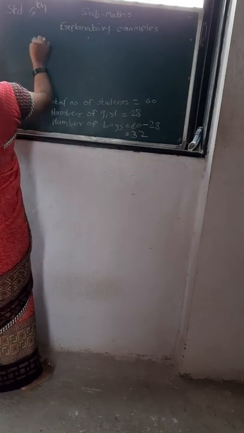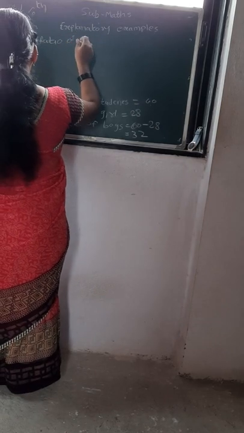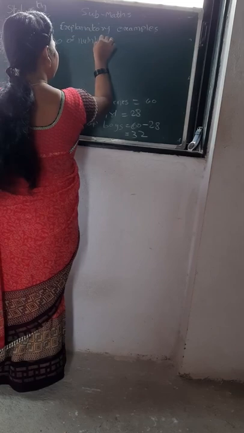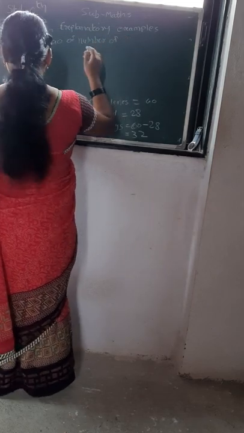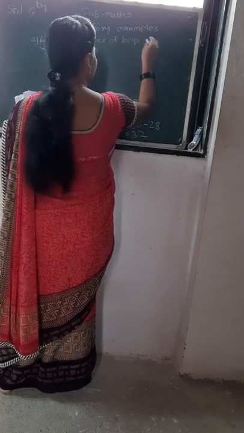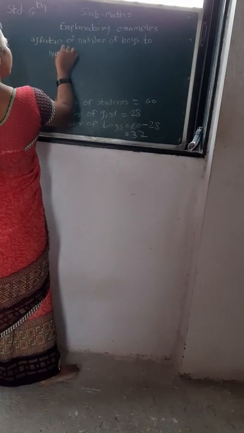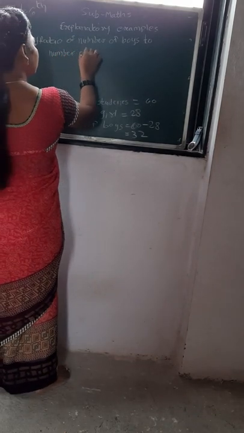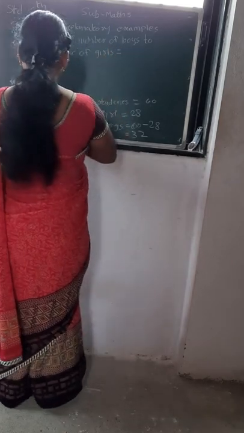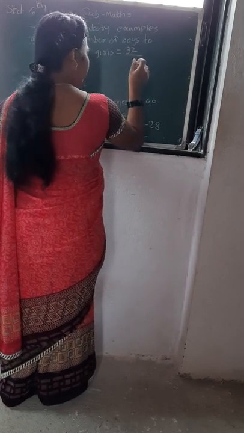First one is ratio of number of boys to number of girls is equal to 32 divided by 28.